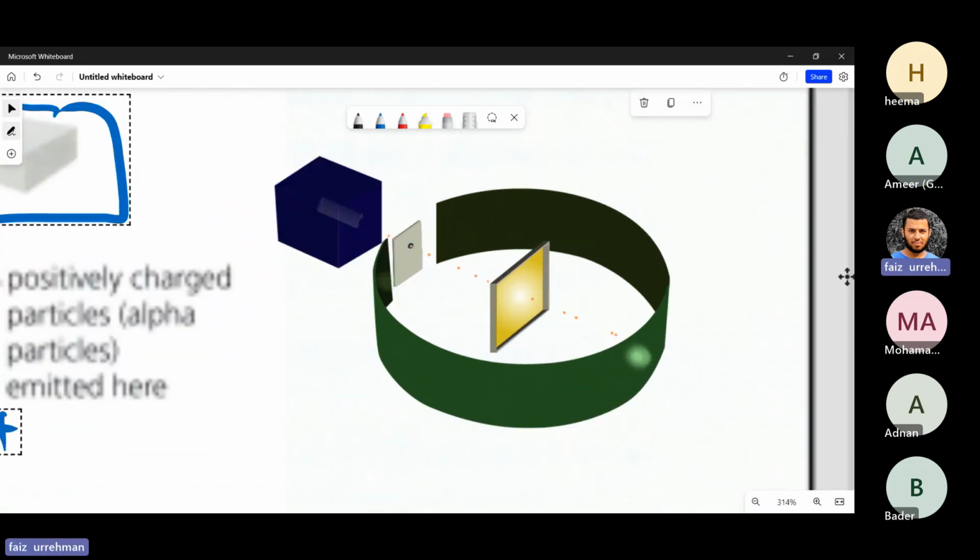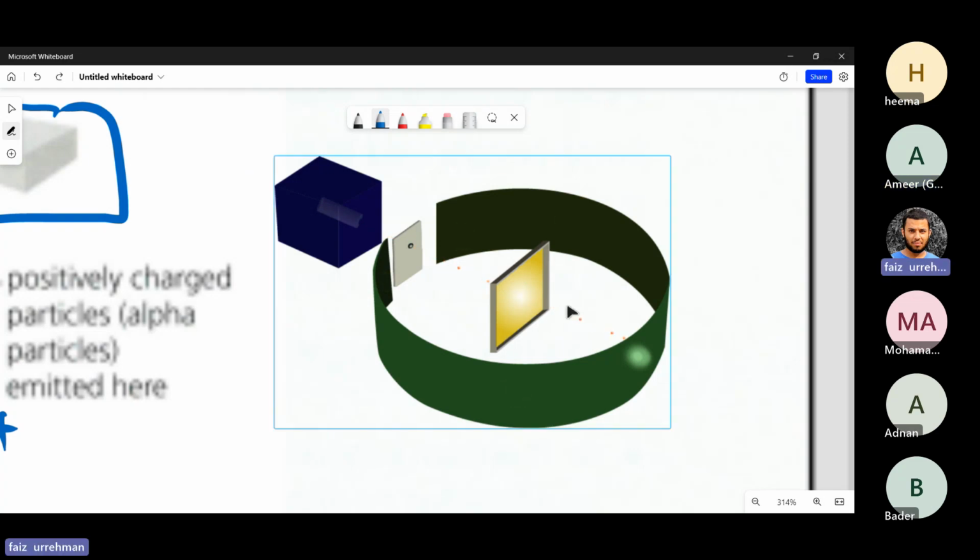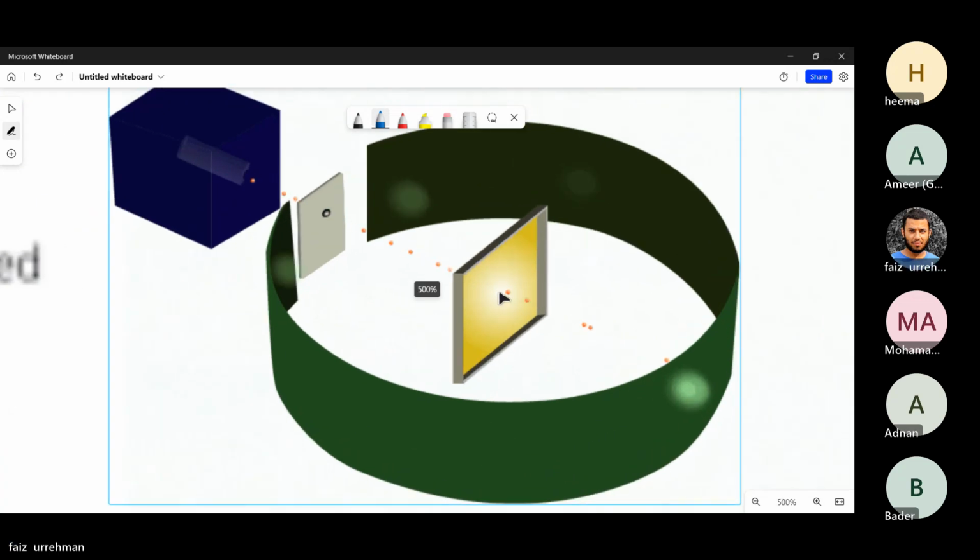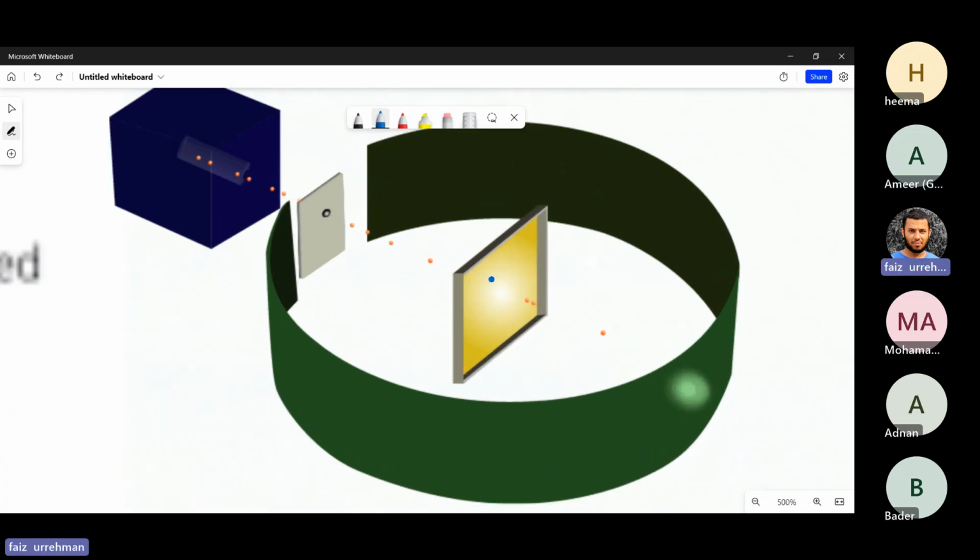What is happening? The positive charges are being shot from here. Positive particles are coming and hitting the gold foil here. Now if you zoom in here, you will have positive particles.